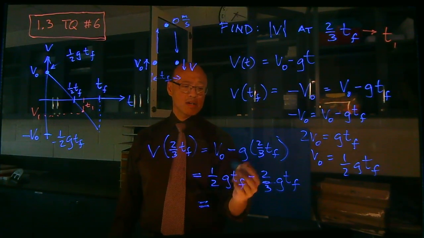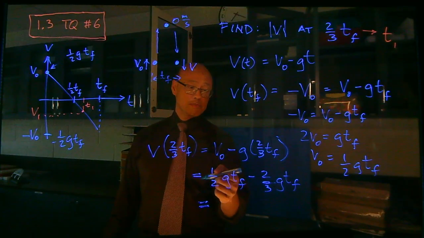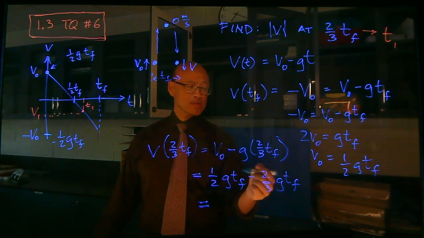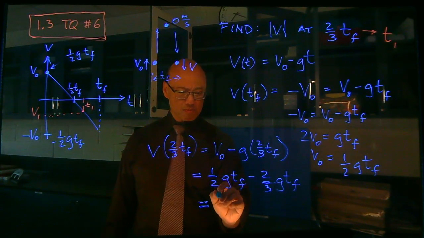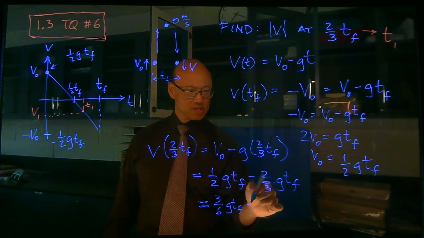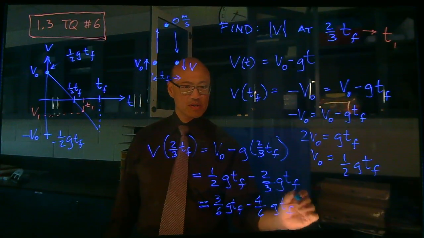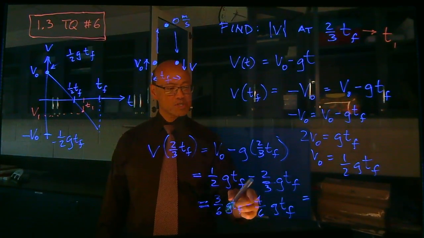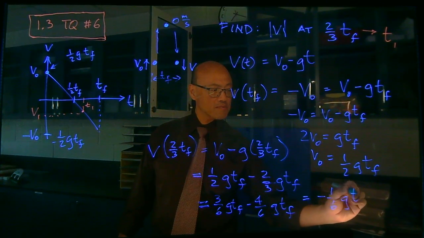Let's see, 6 is the common denominator. We're not really trying to isolate for anything, so let's just do the math here. I've got 3/6 gTF minus 4/6 gTF. So that's got to be minus 1/6 gTF.